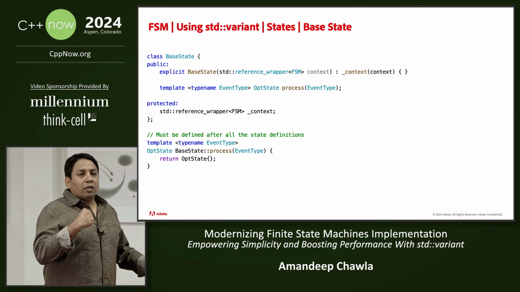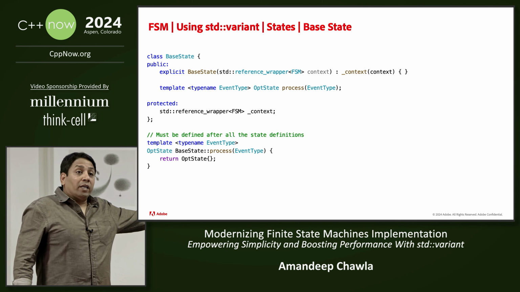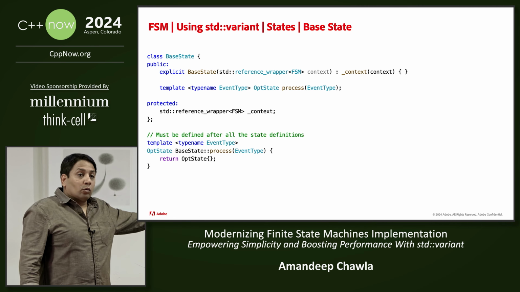Again, we are using the template machinery to generate process functions for each kind of event. The only caveat is you can't define this function inline here. This template definition has to go at the very last.